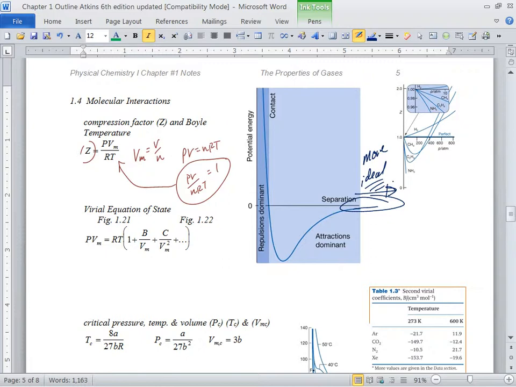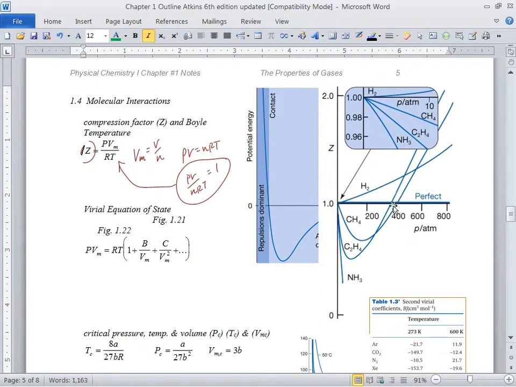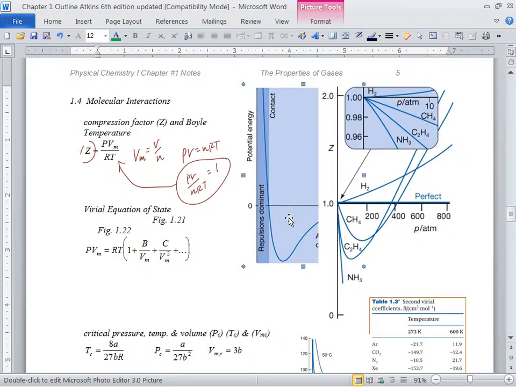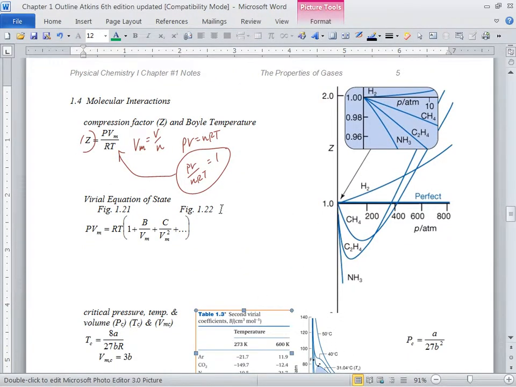So if we take a look at this plot here, if I can blow it up. Okay. This plot here, we can get rid of this one now. Move this stuff around. Okay. So we've got a plot of the compression factor Z versus pressure. And it's plotted for a bunch of different gases.